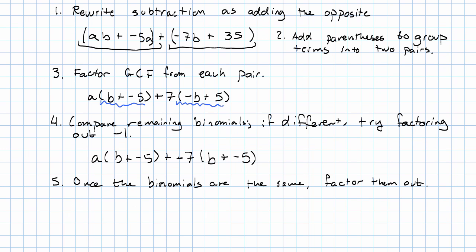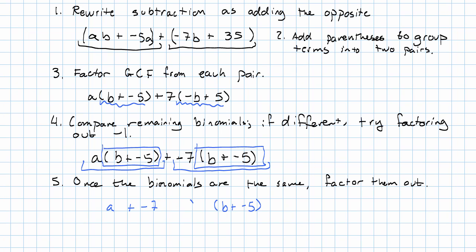Once these two binomials are the same, we are going to treat them as a unit. We will treat them as a common factor of this two-term polynomial. So we'll have an a times our unit plus a negative 7 times that same unit.